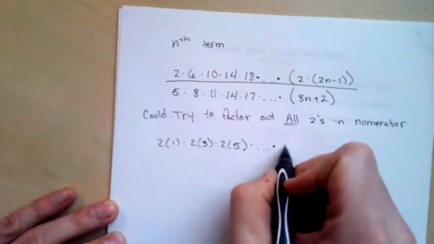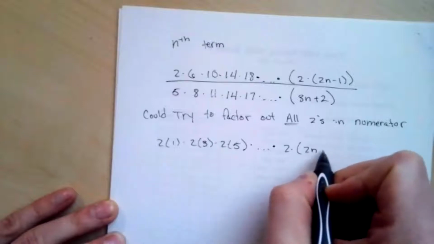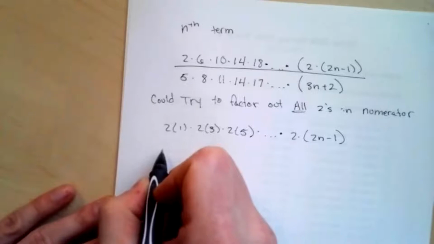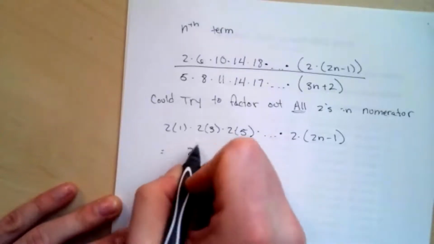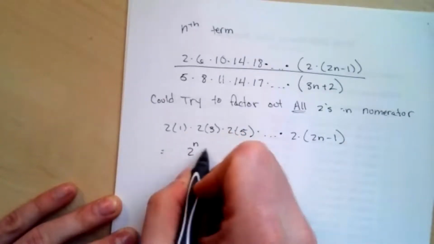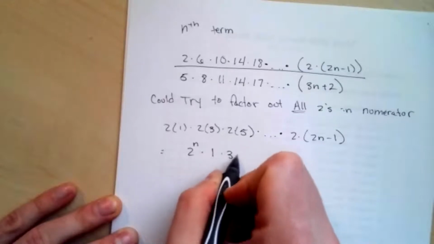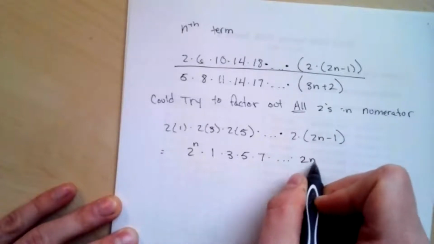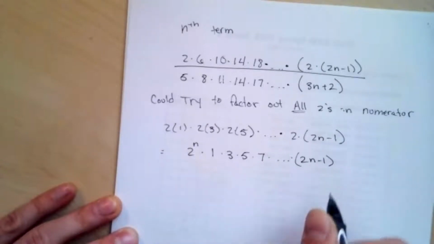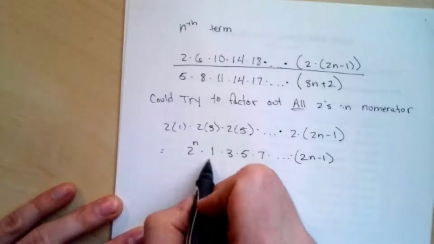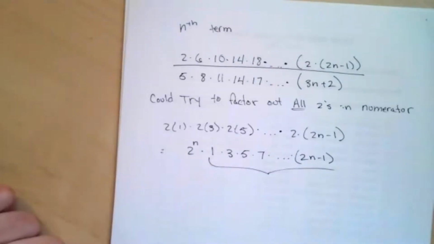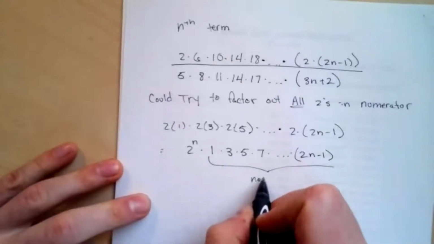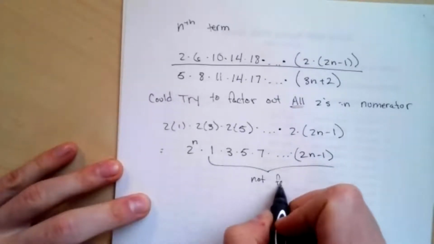When it would go all the way up 2 times 2n minus 1, which we could simplify as 2 to the n times 1 times 3 times 5 times 7 times, but the result, not a factorial.